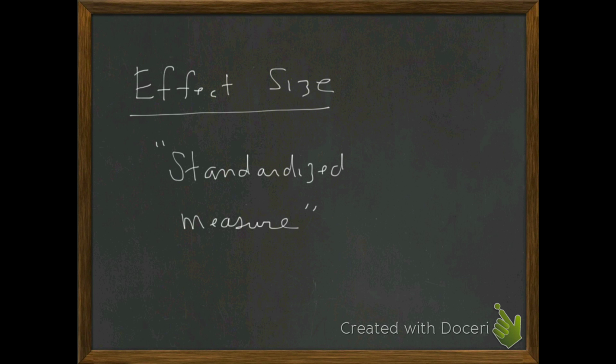And the beauty of effect size is, again, it's standardized, so it gives you a method by which you can compare results from different studies. If you look at just p-values, which are clearly a function of sample size, those things aren't comparable across different research designs. Now, guys, there's going to be about 4 or 5 different types of effect sizes we're going to use.